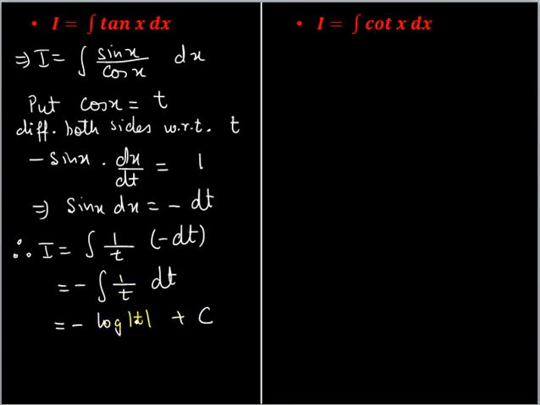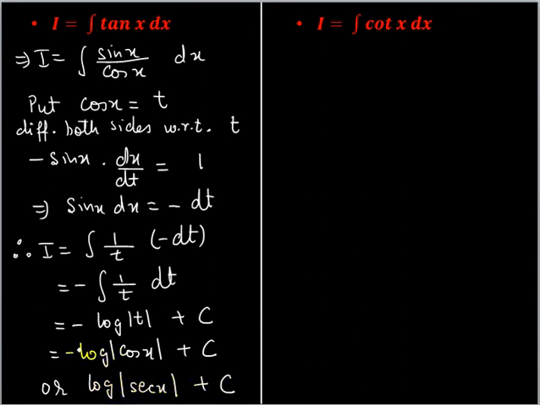Now you can go for replacing t by its value. t was cos x. So we can write it as minus log modulus of cos x, in order to ensure this is a positive real number, plus constant of integration. So the integral of tan x can be written as minus log cos x, or you can also write it as log modulus of sec x plus constant of integration, in order to get rid of this minus sign.